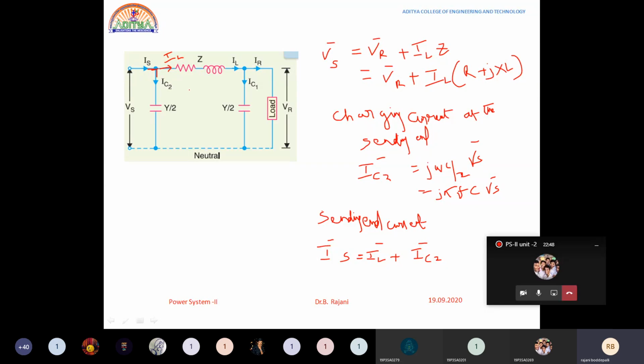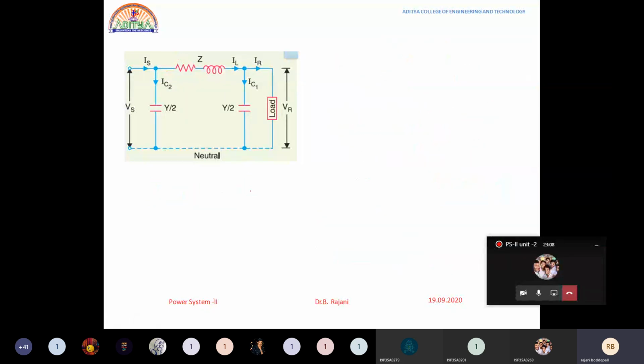Now if you want to find the receiving end no load voltage, that is IR dash at no load, I will go to the next slide so that you can understand. This is the receiving end side. At no load, I want to find the no load voltage. Why? Because no load voltage minus full load voltage, divided by full load voltage, into 100, is nothing but the voltage regulation.